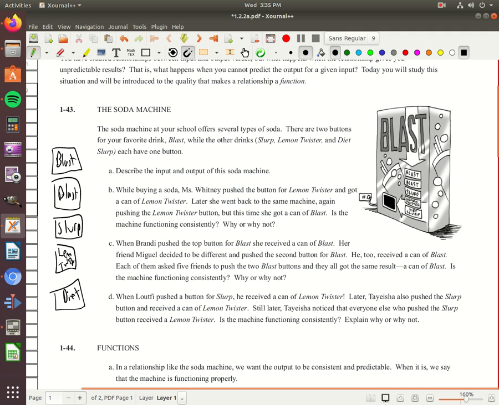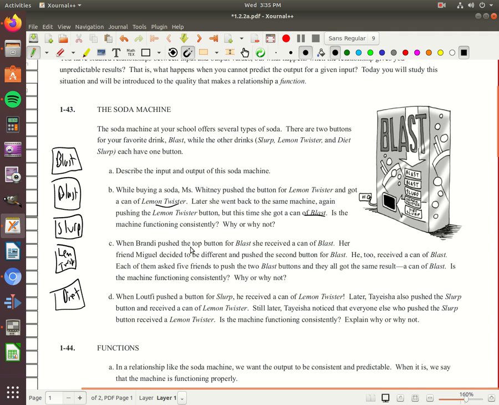If you press the lemon twister button, you expect to get a lemon twister, but even if you got a blast, that would be fine as long as you always got a blast. It would be wrong, but it would be consistent. But the fact that one time she got a lemon twister and the next time she got a blast makes it inconsistent. There's a difference between being inconsistent and being wrong.